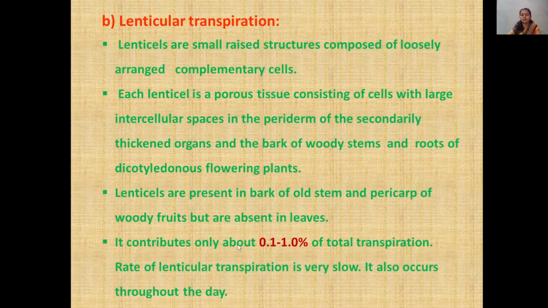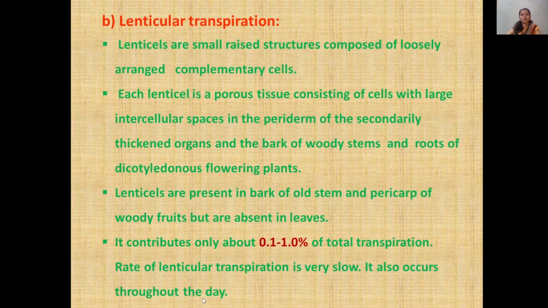It contributes only about 0.1 to 1% of total transpiration. Out of the total transpiration, only 0.1 to 1% takes place through the lenticels. The rate of lenticular transpiration is very slow.